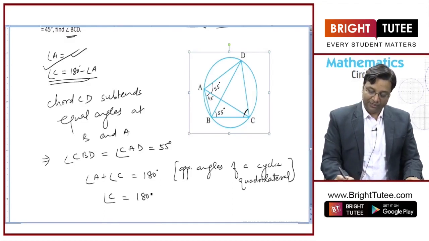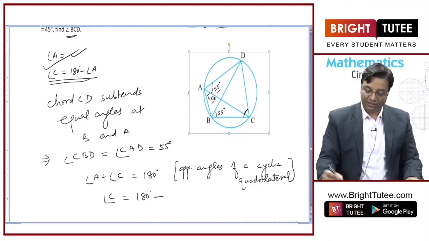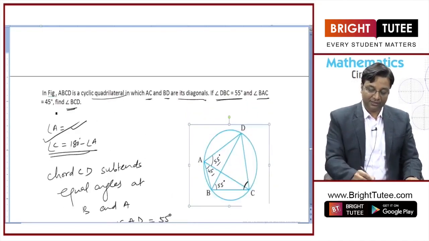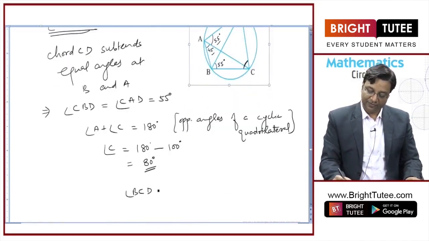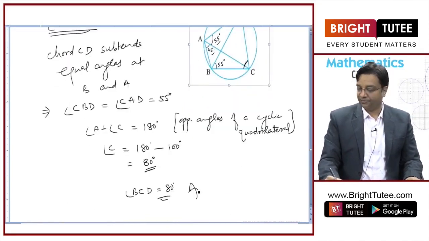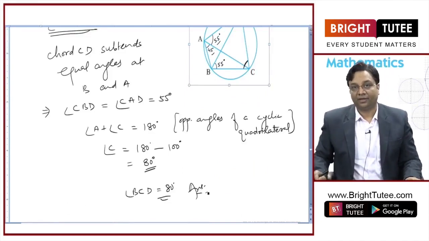It will be equal to 180 minus angle A, that is the sum of 55 and 45, which is 100. So 180 minus 100 is the measure of the required angle, angle C. So angle BCD is equal to 80 degrees. Right?